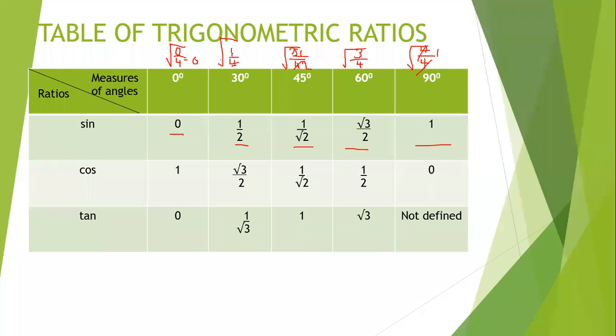Here, the square root of 1 is 1 and the square root of 4 is 2. Here, 2 ones are 2, 2 twos are 4, so we got 1 upon 2. The square root of 1 is 1 and the square root of 2 is square root 2. Here, the square root of 3 is square root 3 and the square root of 4 is 2. And again here 4 will get cancelled, and we got 1. So this is a way through which you can remember the first line.